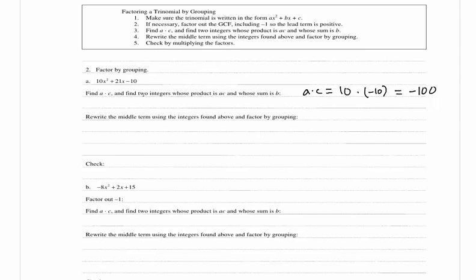So we could have the combinations of 2 and 50. So we could have negative 2 and 50, and their sum would not give us 21. We could have negative 50 and 2, whose sum also isn't going to give us 21. And then we could have negative 4 and 25, the sum is 21.